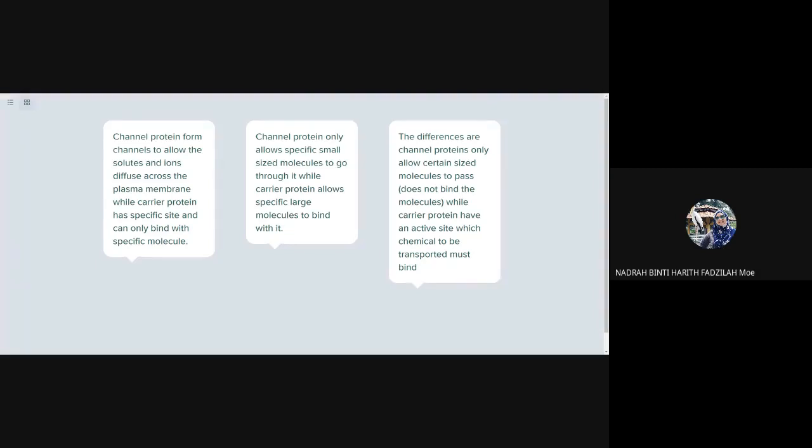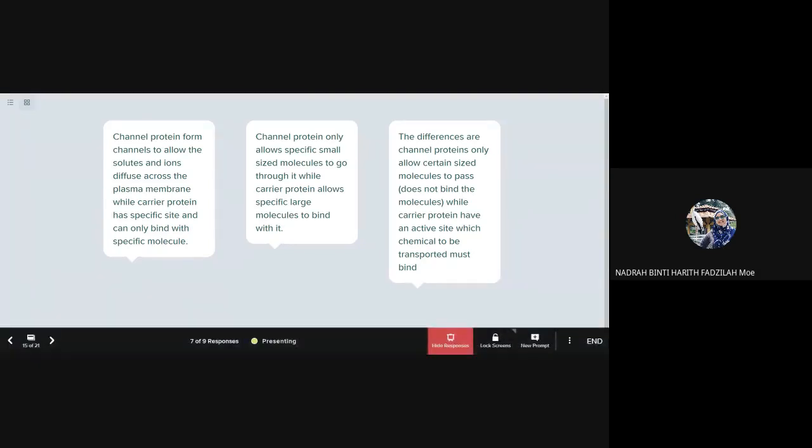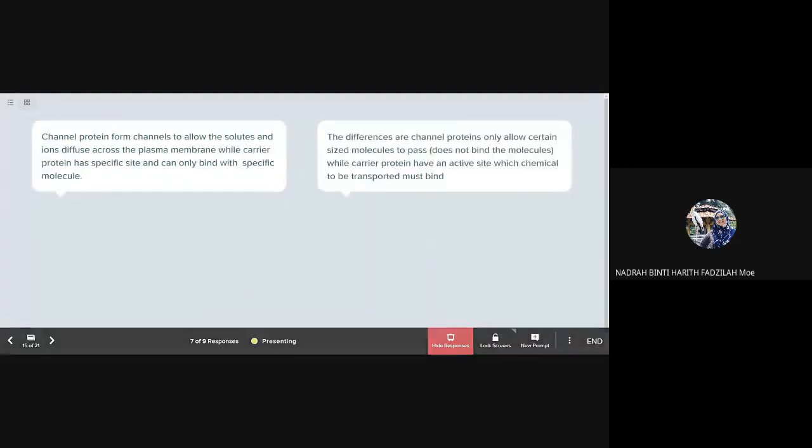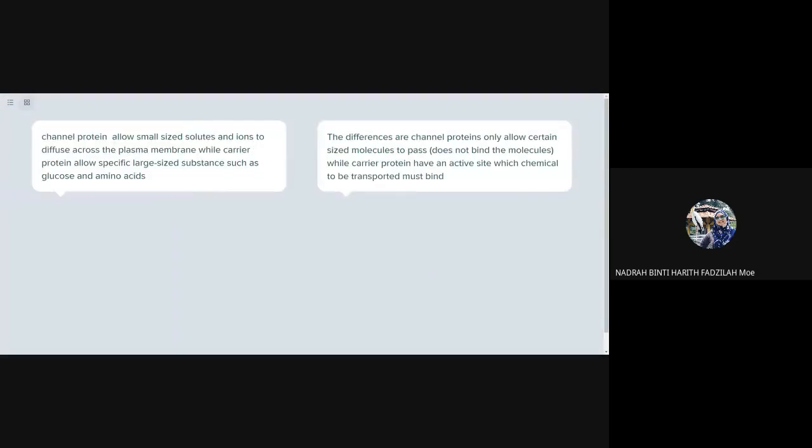Okay, so ada dua cara untuk differentiate. Satu, differentiate dari segi jenis substance yang diangkut oleh channel protein dan carrier protein. Satu lagi cara kita bandingkan dari segi mekanisme.